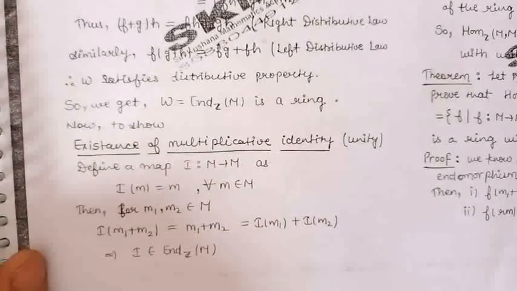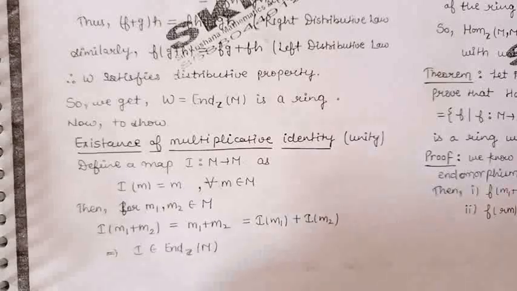Now we have to prove that this I is multiplicative identity.